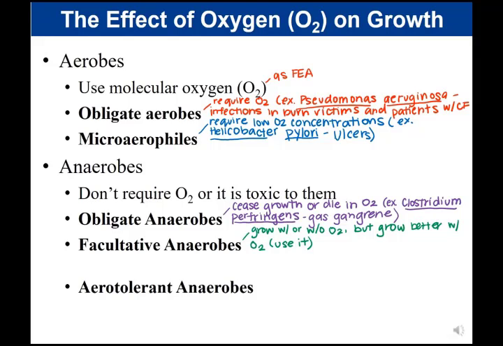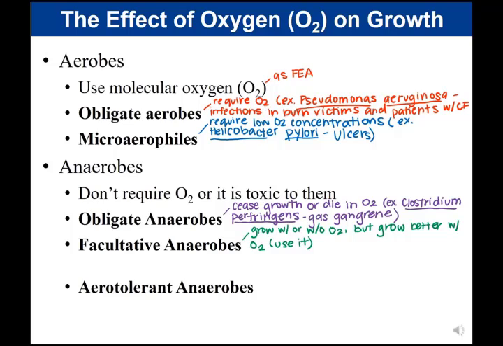Now, the reason that they grow better with oxygen is that if the organism were to do aerobic respiration using O2 as the final electron acceptor, they can get 30 to 32 ATP per glucose. On the flip side, if the organism grows anaerobically and they use fermentation, they only get 2 ATP per glucose.